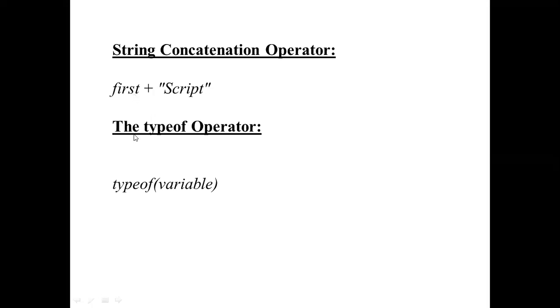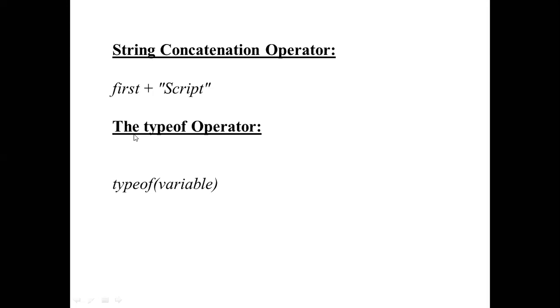Next, typeof operator. The typeof operator accepts a single operand, either a value or variable, and returns its type as a string value.